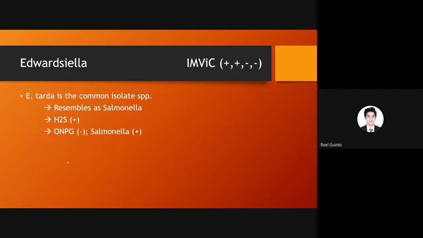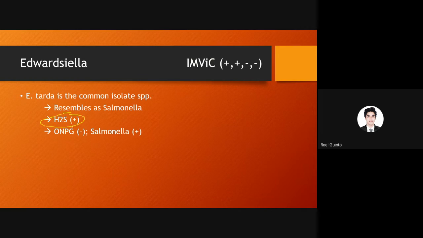For Edwardsiella, we have positive, positive, negative, negative biochemical test result. So, the common isolated species under Edwardsiella is Edwardsiella tarda, resembles Salmonella. Why? Because they are both H2S positive.